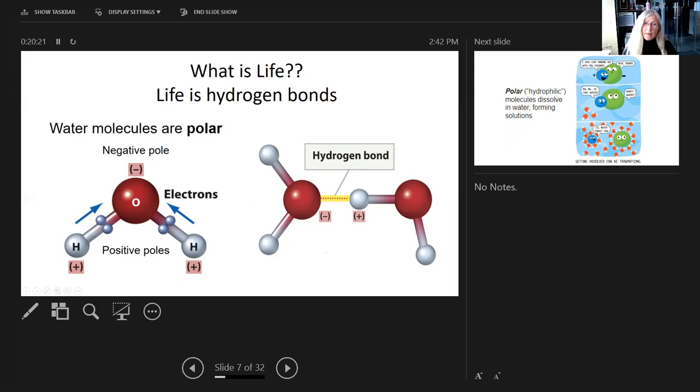And because oxygen is much larger and has more electrons to begin with, this is a more negative end of a water molecule. So the H2O molecule has a negative end to it, and then it has these two positive poles or terminals. So water is considered polar, meaning it has opposite ends, right? We've got the negative end, and we've got these positive ends.